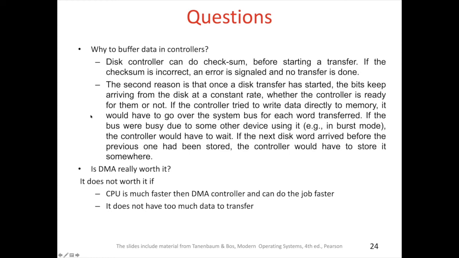If the controller tried to write data directly to memory, it would have to go over the system bus for each word transferred. If the bus were busy due to some other device using it, for example in burst mode, the controller would have to wait. If the next disk word arrived before the previous one had been stored, the controller would have to store it somewhere else.